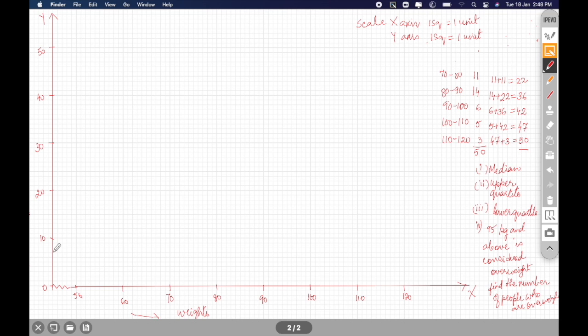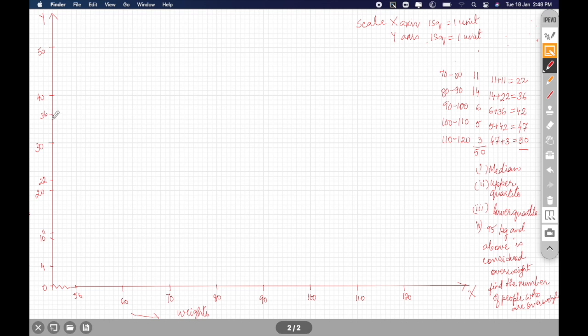So the first value is 4. If you count accurately, 1, 2, 3, 4. So 4 will come here. Next we have 11. So 11 comes here. Then we have 22. This is the position of 22 here in the y-axis. Then we have 36. It is here.